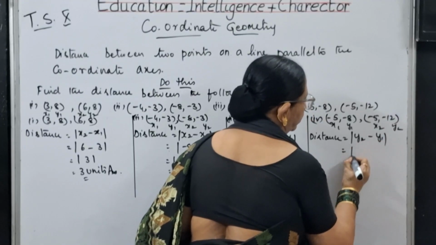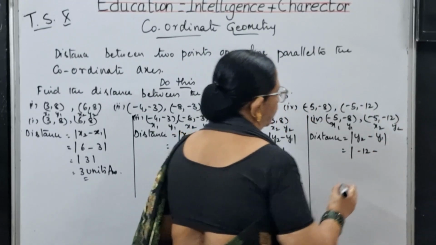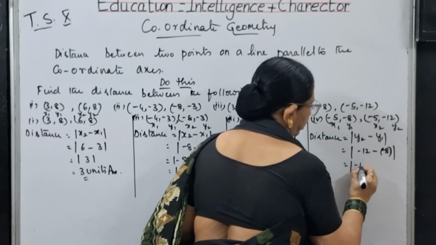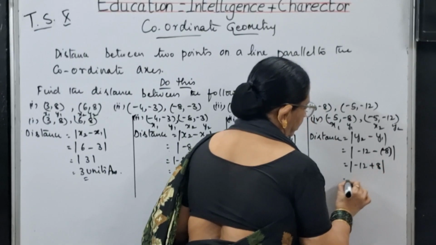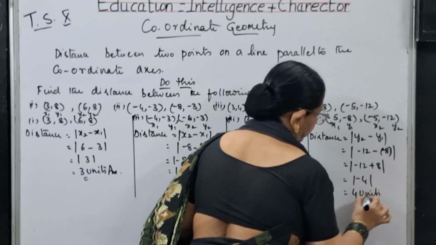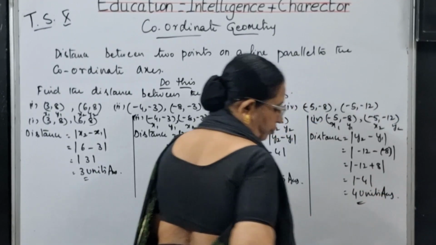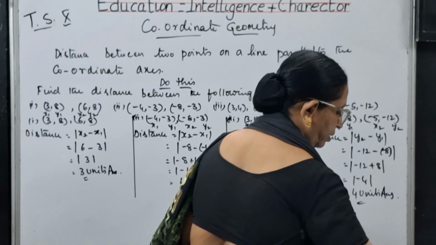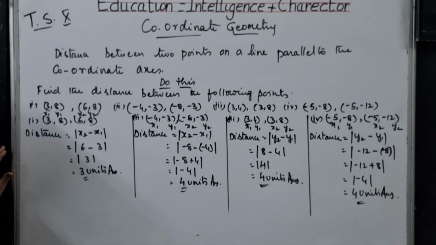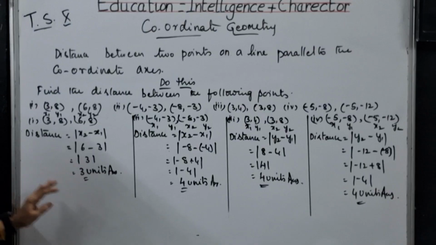So modulus y2 is minus 12 minus y1 is minus 8. That means minus 12 plus 8. That is minus 4, means 4 units. So this is the answer for the fourth bit, children. So these are all 4 sums to do. I hope this problem will give you a clear cut idea about how to use the formula by observing the coordinates. Please write down.